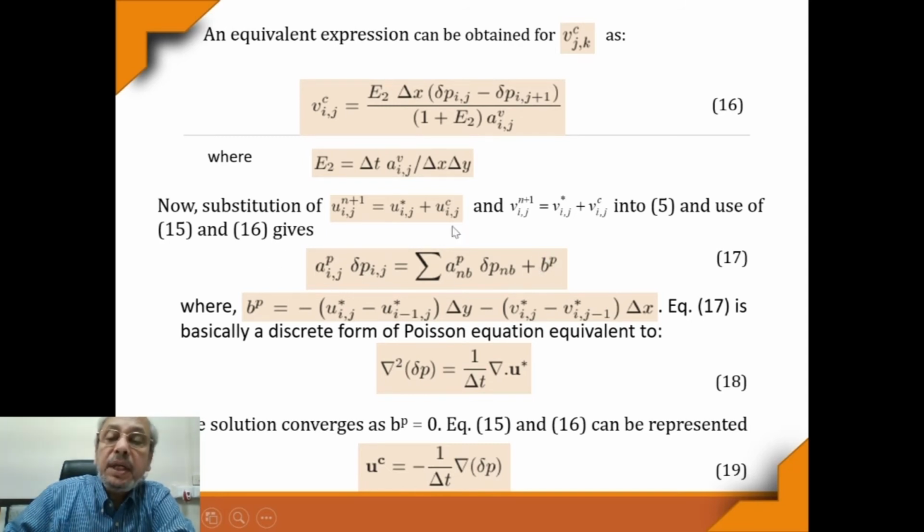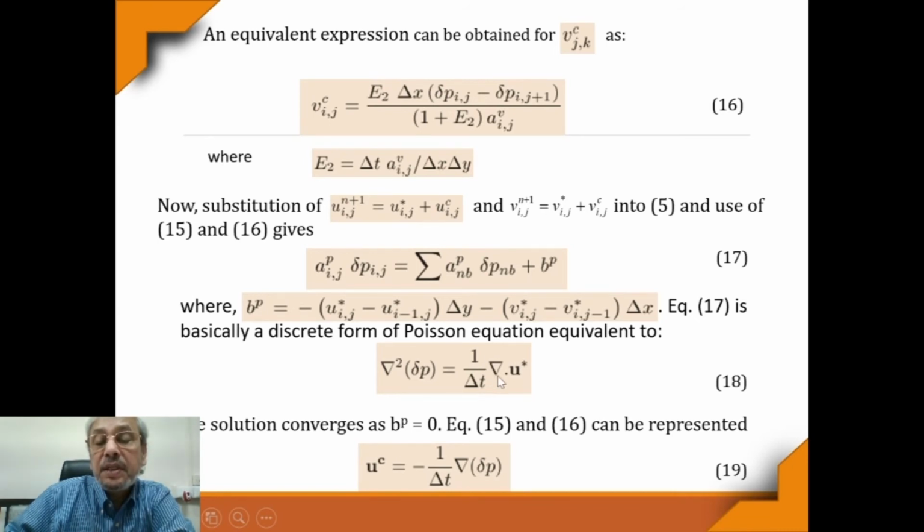So effectively equation 17 is a Poisson's equation for pressure correction. So this is del square delta P equal to 1 by delta t, and we clearly get the divergence of the velocity vector. This is U star vector, meaning small u, small v both.